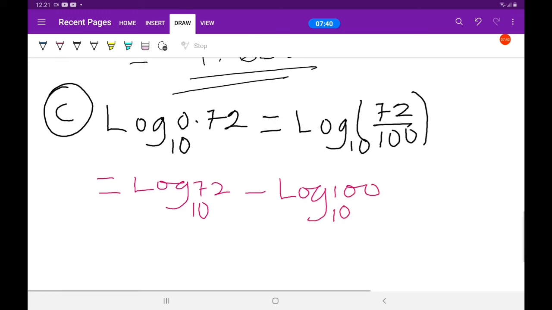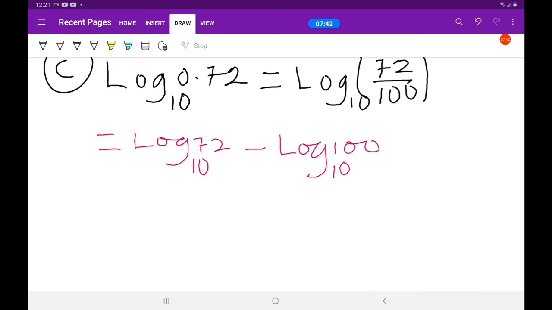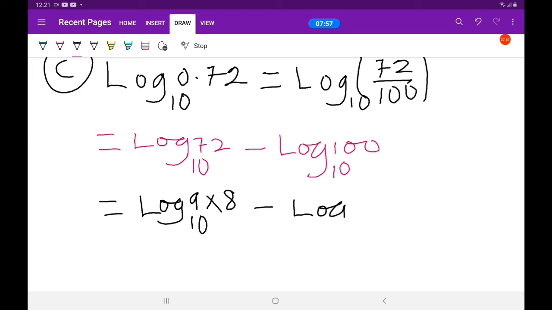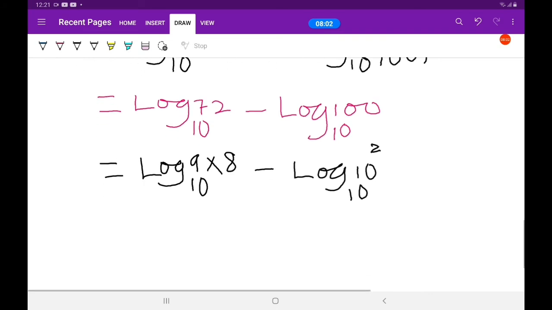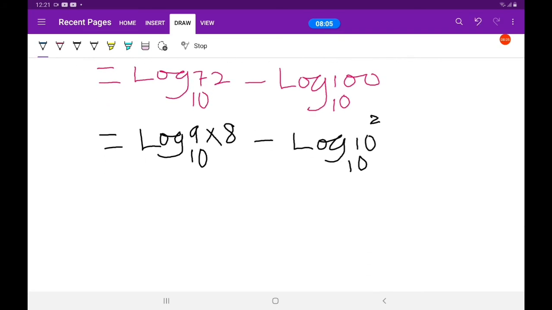Now we are going to split 72 and 100 down. What do you think will be the two numbers for 72? Good, 9 times 8. And for 100 we can use 10 raised to power 2 to base 10. So we can split this down.